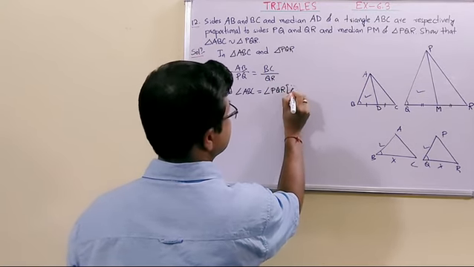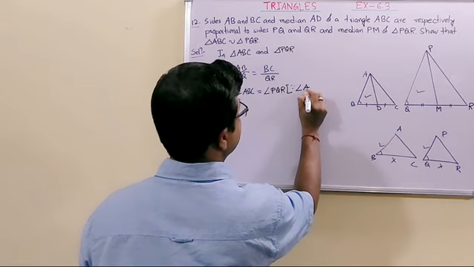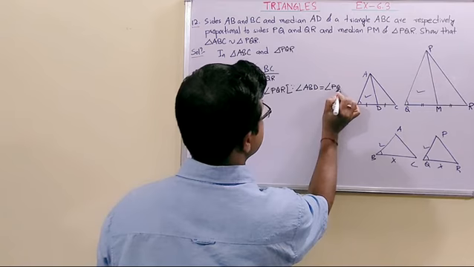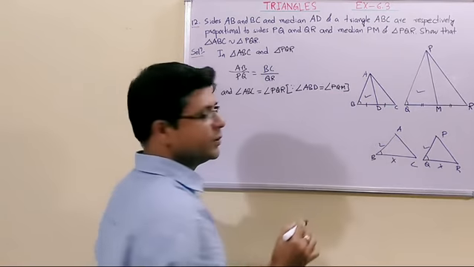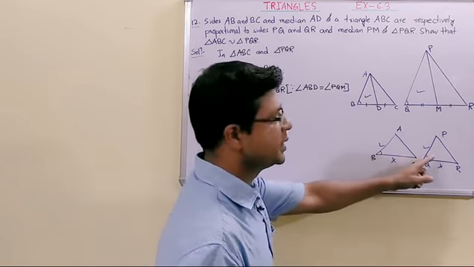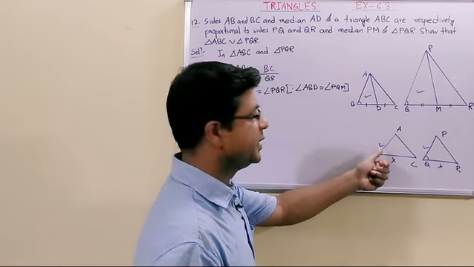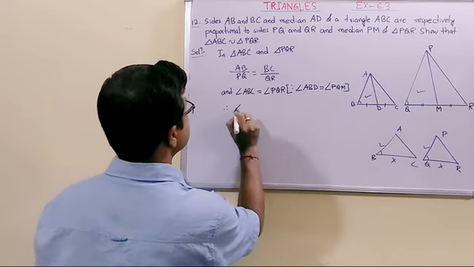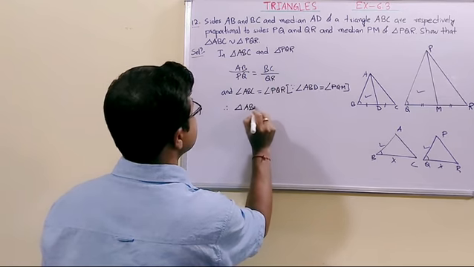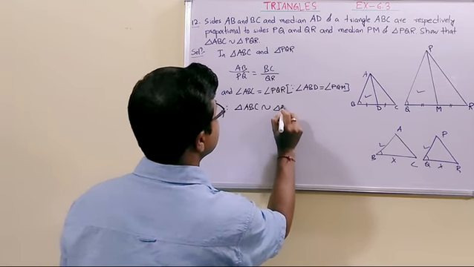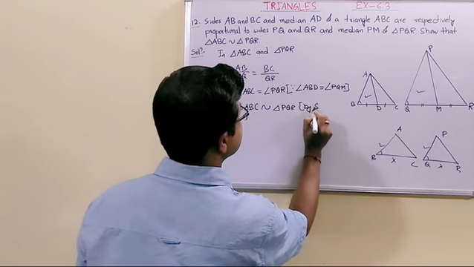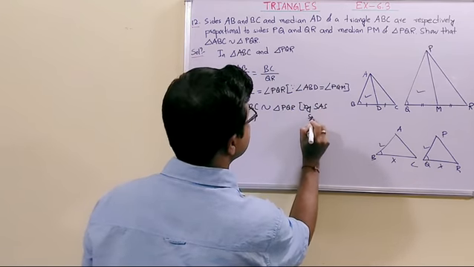Why? The reason is that we have already proved angle ABD is equal to angle PQM. Alright, so we can write these two triangles are similar by the criteria side, angle, side. Therefore, triangle ABC is similar to triangle PQR. The reason is by SAS similarity criteria.